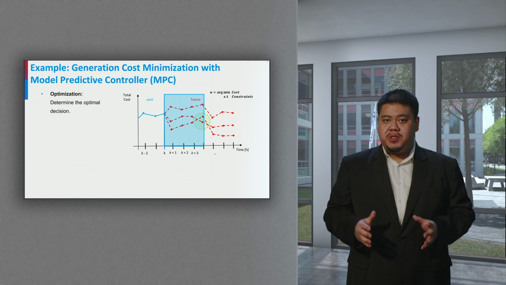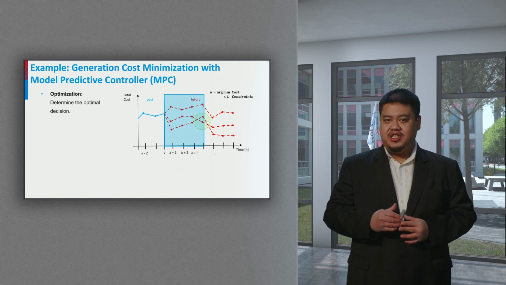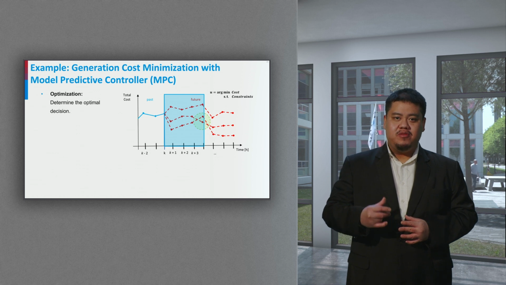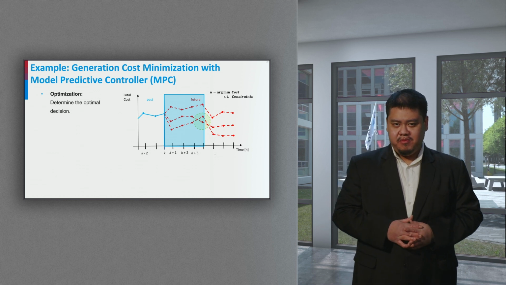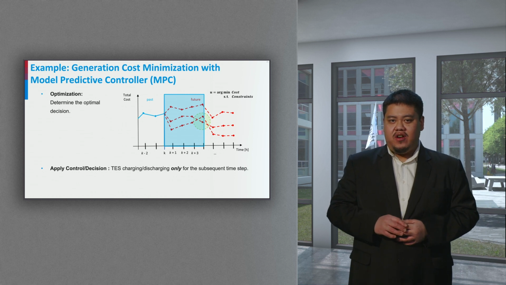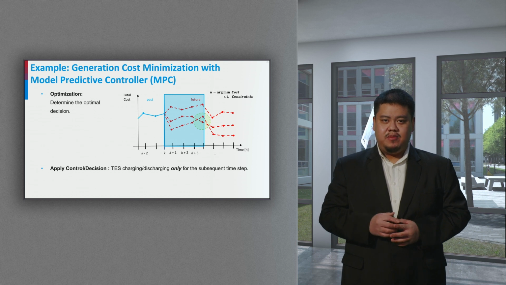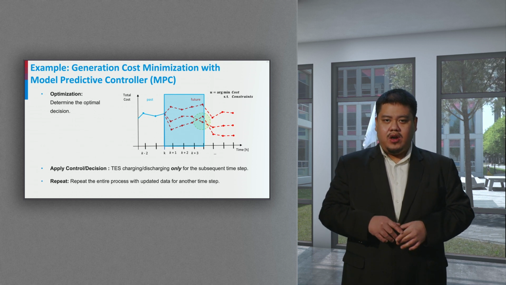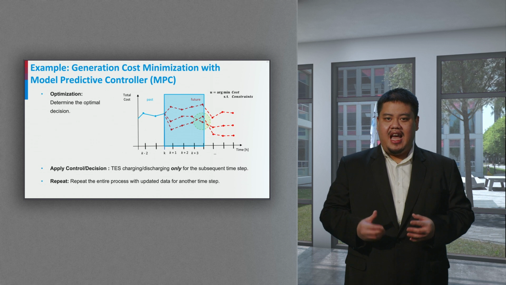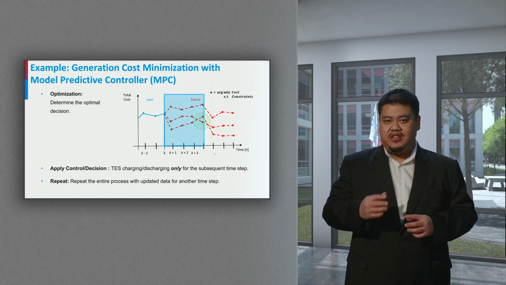Subsequently, we choose the best decision over the prediction horizon among the feasible decisions by solving the optimization problem. While we have the decision over 4 hours, we only implement the decision for the next time step. After all variables are updated and the impact of our current decision is evaluated, we repeat the entire process.